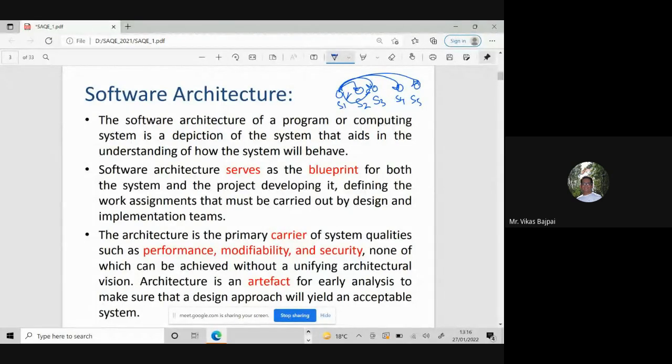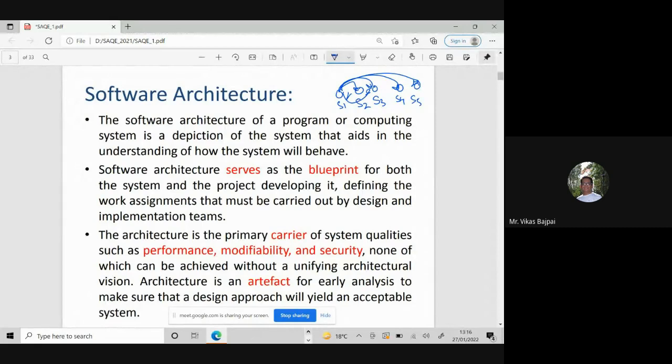The architecture of a software system is a metaphor, analogous to the architecture of a building as well. It works as a blueprint for the system and for the to-be-developed system, because this will be a to-be-developed application. It lays out necessary tasks which can be executed by your design teams.